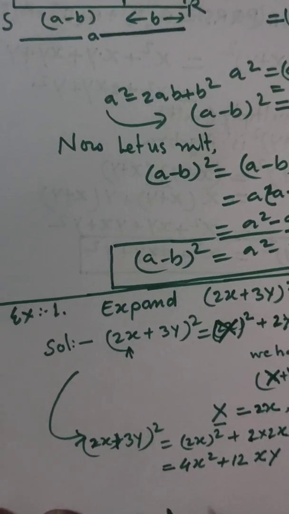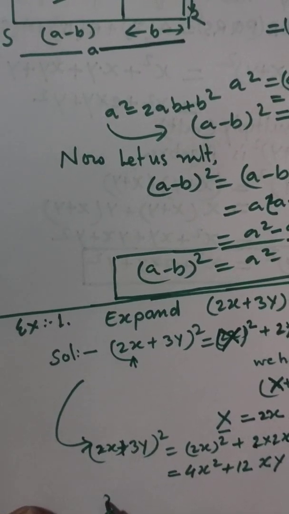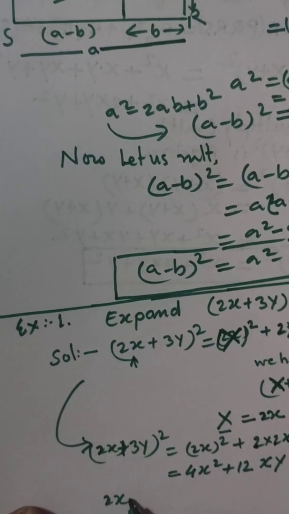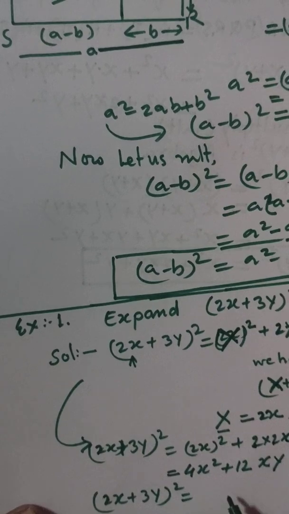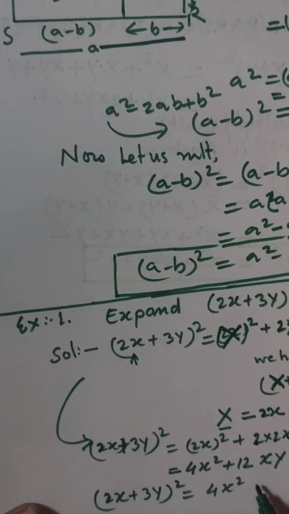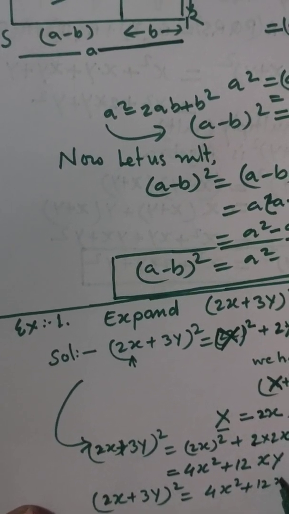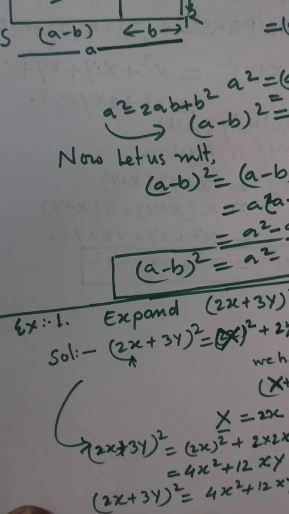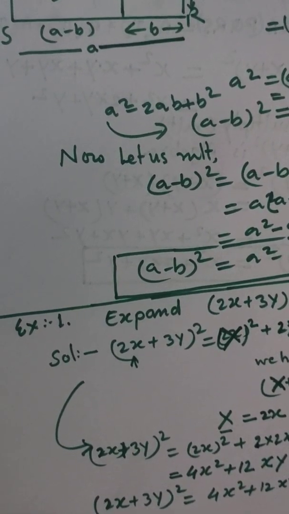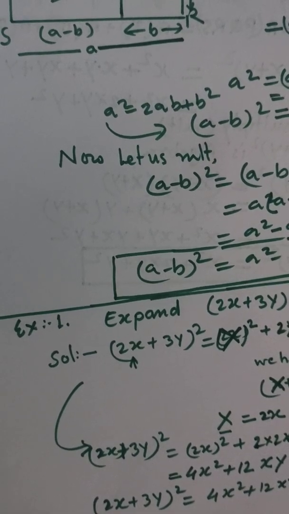Then what is the result of your question? (2x + 3y) whole square is equal to 4x square plus 12xy plus 9y square. This is all about this question.